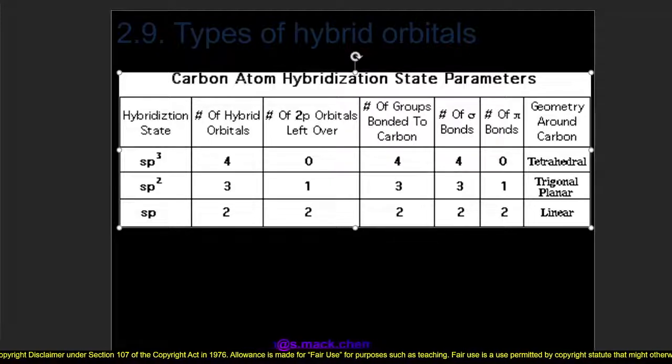These sp3 hybrid orbitals are also considered to be orbitals such that when they overlap end-on with other atomic orbitals, they form sigma bonds. 4 sigma bonds around a central carbon atom leads to a tetrahedral shape. You should also know the bond angle for a tetrahedral shape, which is approximately 109 degrees.